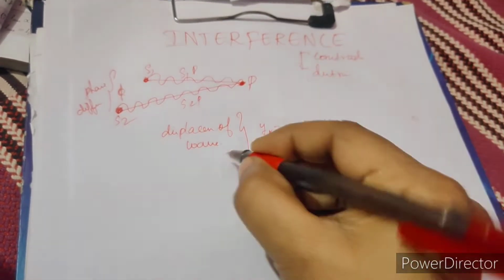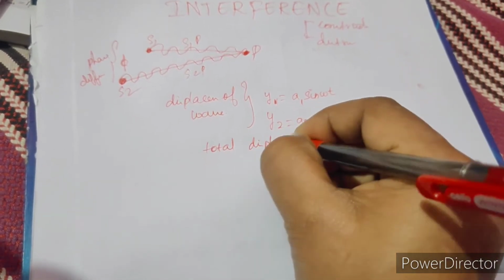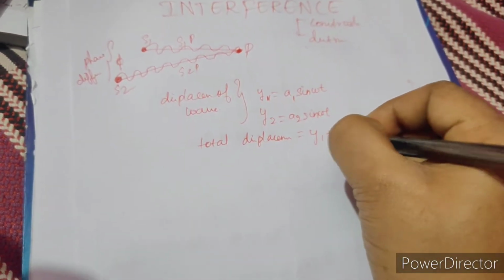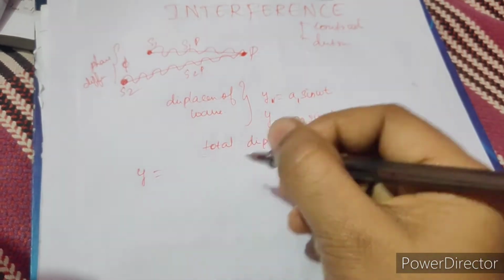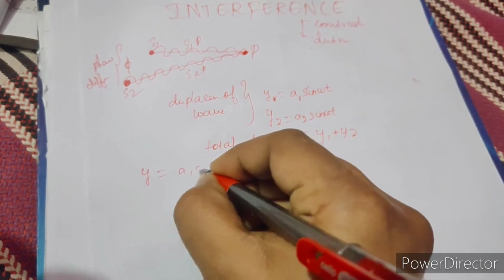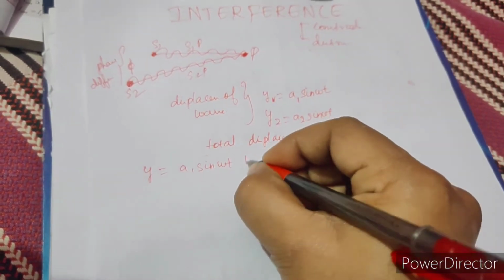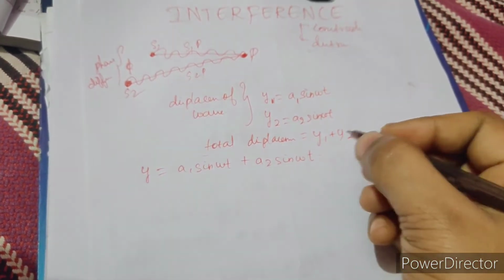So y1 plus y2 gives the total displacement. So y = a1 sin ωt + a2 sin ωt.